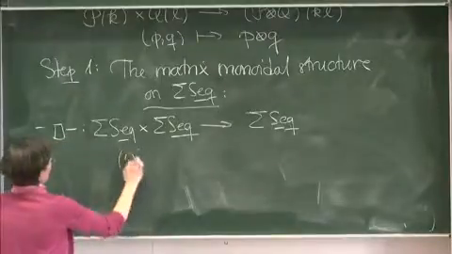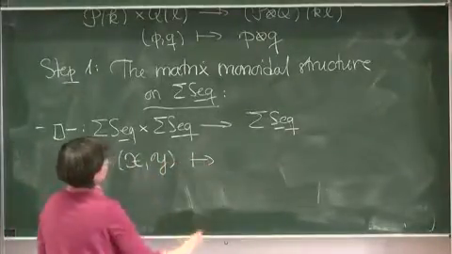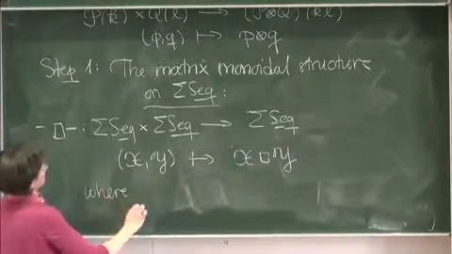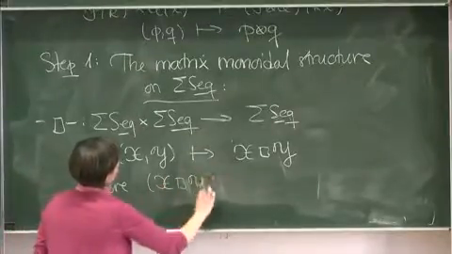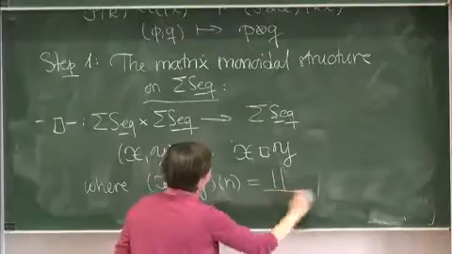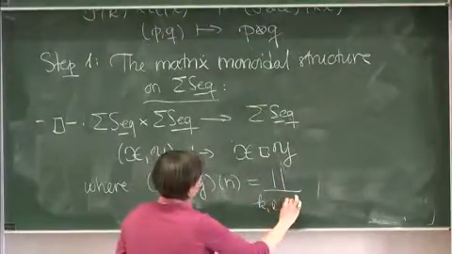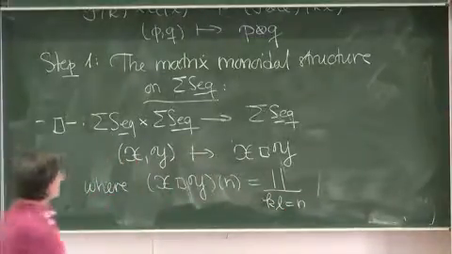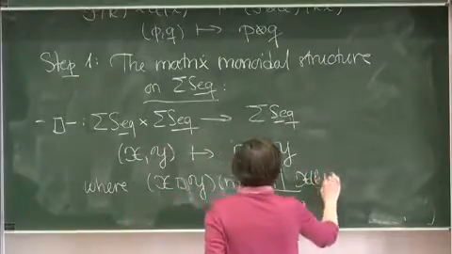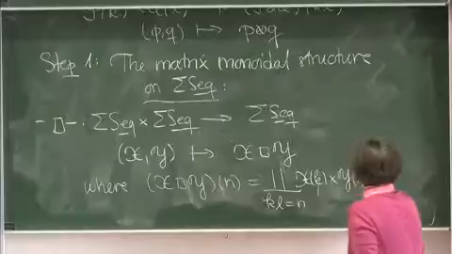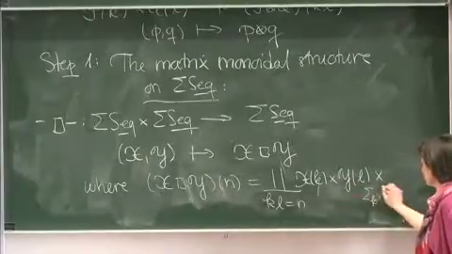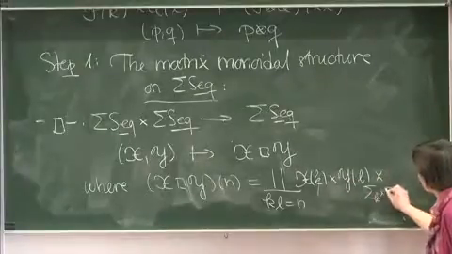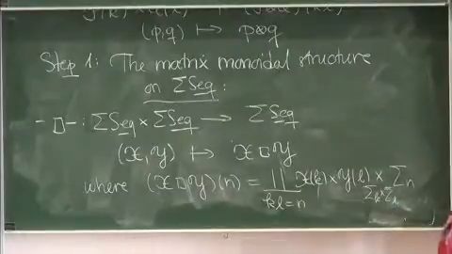So what is it going to do? It's going to take a pair of symmetric sequences, X and Y, to X box Y, where X box Y in arity n is a disjoint union over all k and l such that k times l is equal to n, instead of k plus l or anything else, of X_k cross Y_l cross, and here's something I'm going to have to explain, sigma_k cross sigma_l, that's unreadable, and then sigma_n.